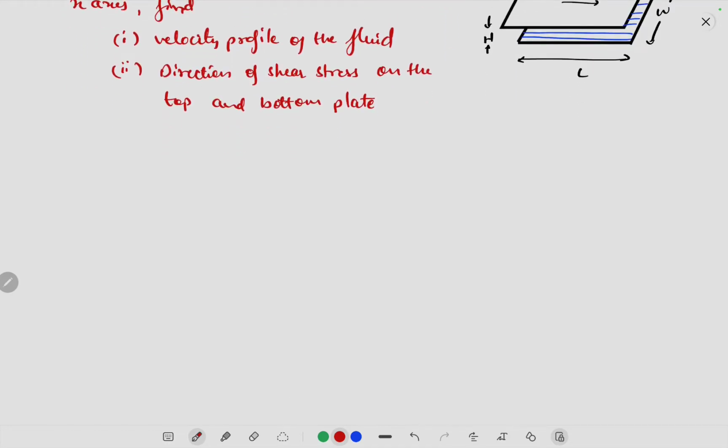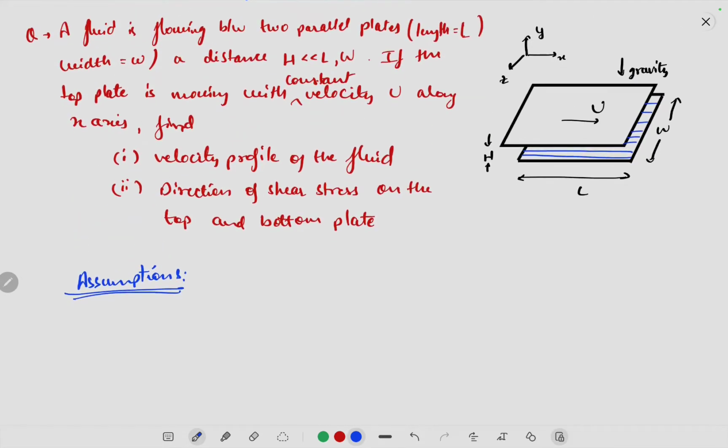All right, so let's start solving the problem. Now to simplify the problem, let's make some assumptions. The first assumption that we'll make is the steady state flow. In this case, the fluid is flowing because of the driving force, because of the motion of the upper plate.